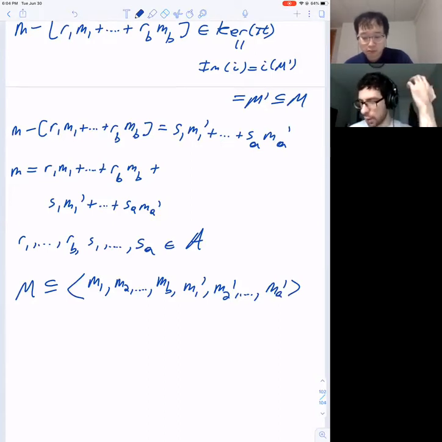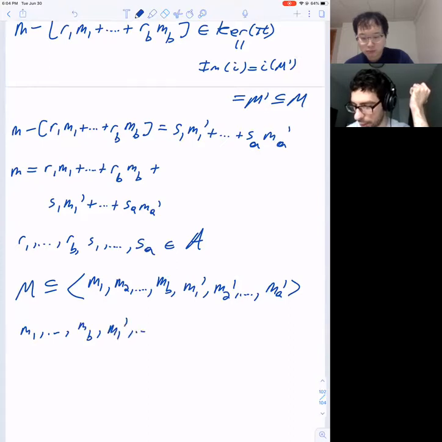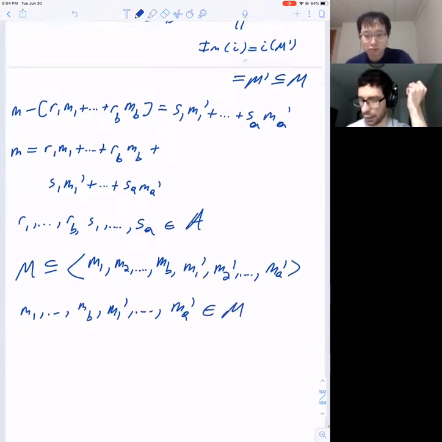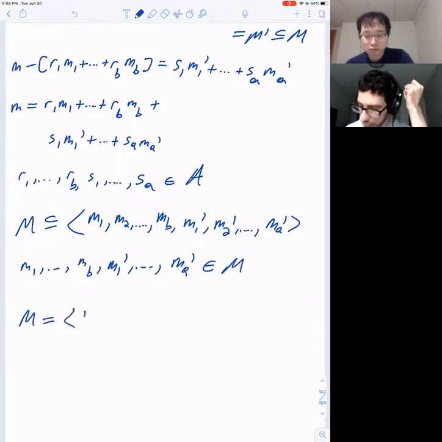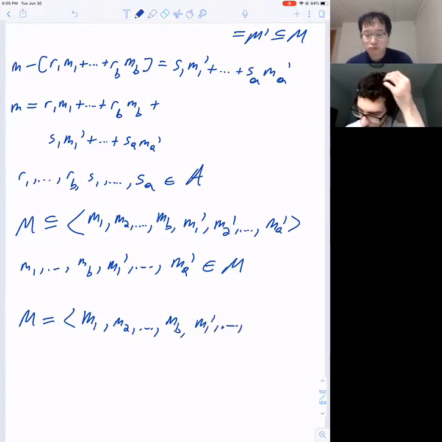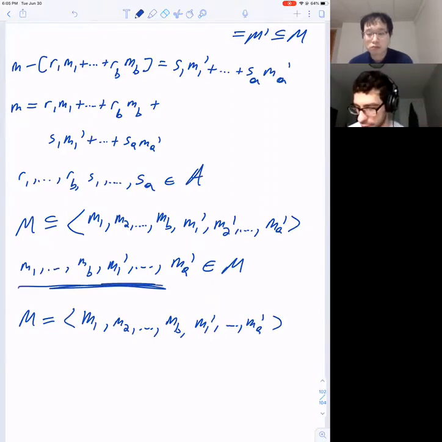That's fine. But also, all these M1 to MB and M1 prime to MA prime are actually elements of M. So we actually have an equality. And this is a finite set. This is a finite set of generators, so we are done. So it was very important that this is true.